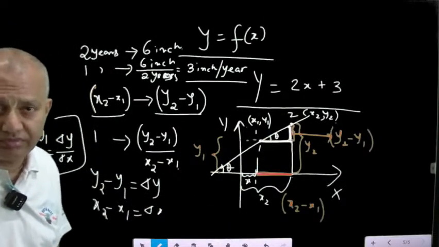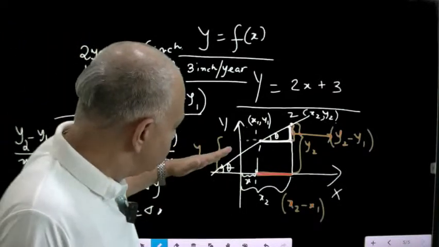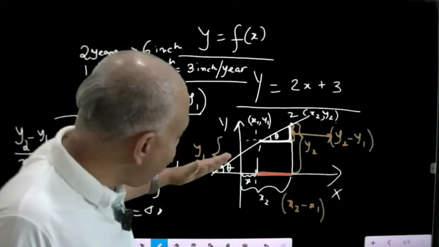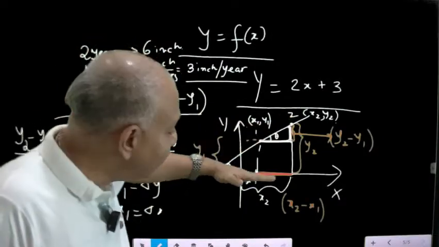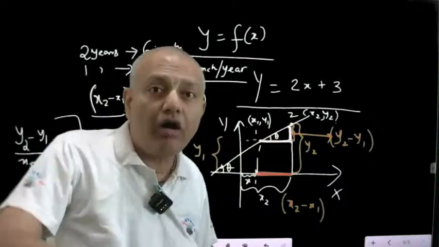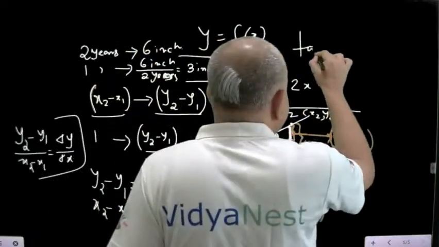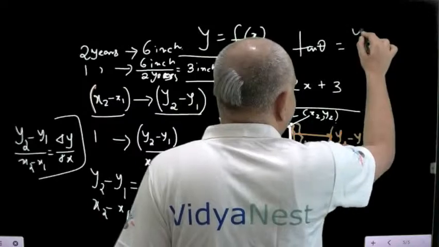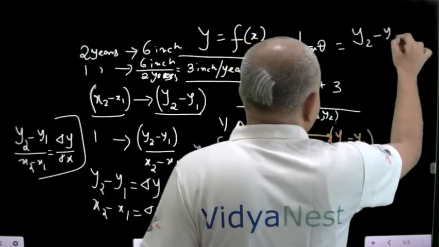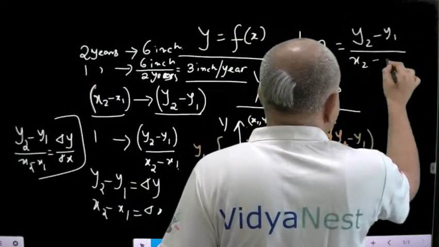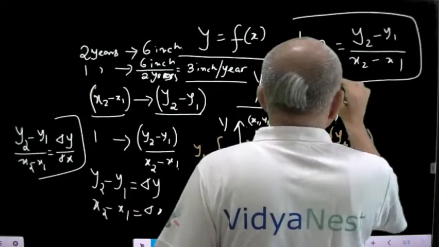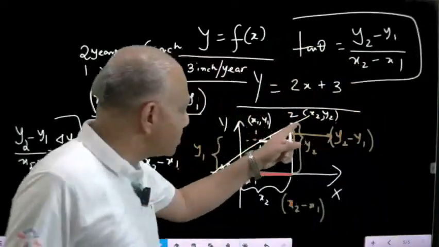In mathematics, the slope is the tan of the angle the line creates with the x-axis, tan theta. So tan theta is equal to y2 minus y1 divided by x2 minus x1. This is the slope of this straight line.